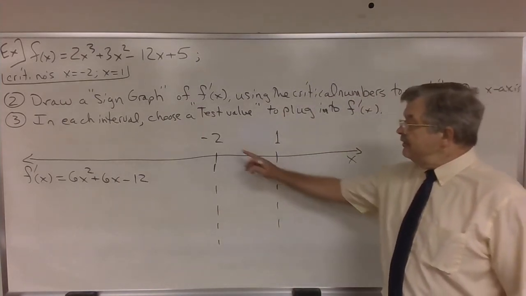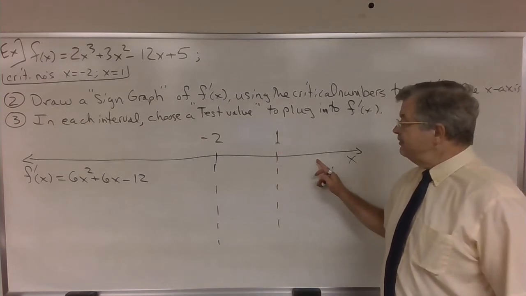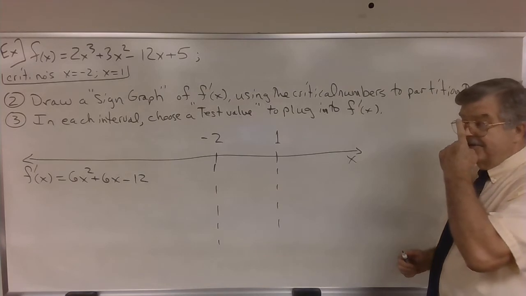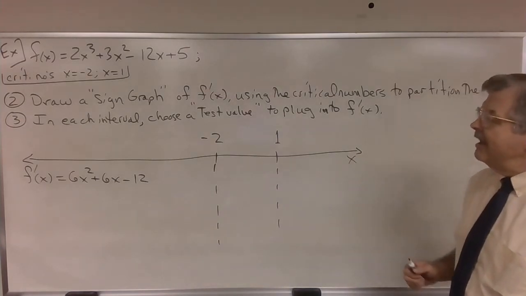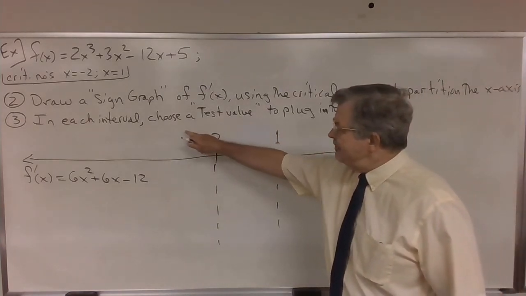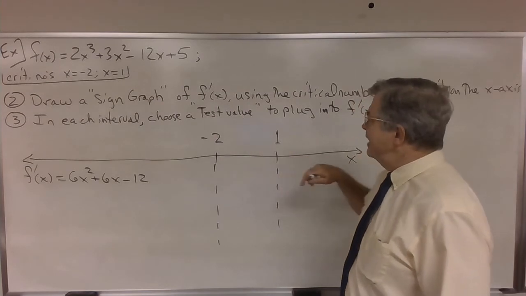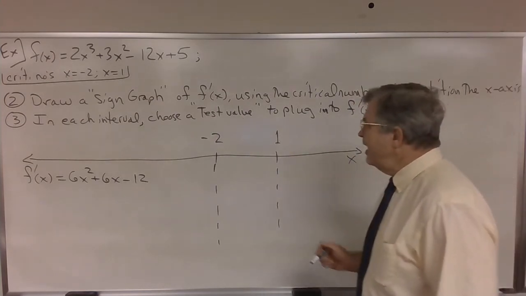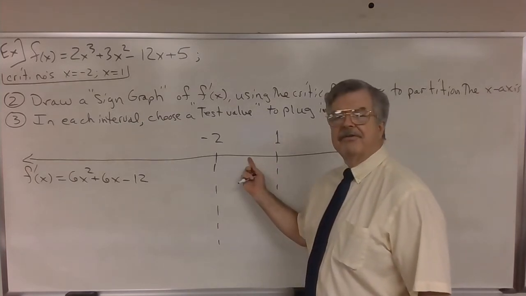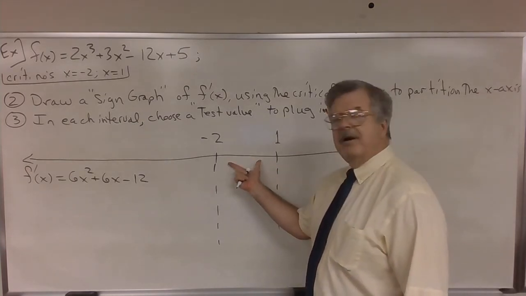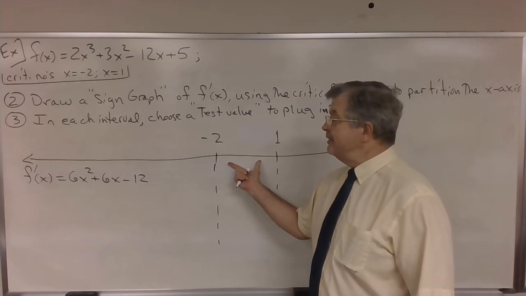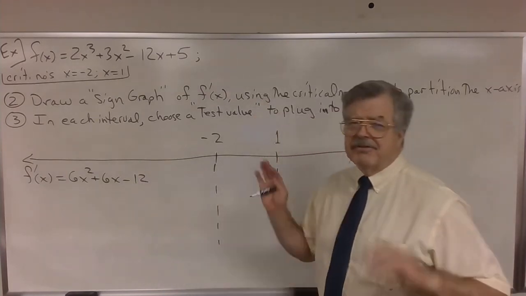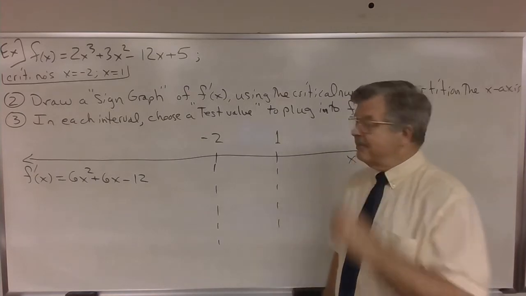So I've used my critical numbers to partition the x-axis into subintervals. And for step 3, in each of these intervals, I choose a test value to plug into the derivative. I'll start here first. I have to pick some number between -2 and +1 to plug into the derivative. And it should be something that's easy to compute with.